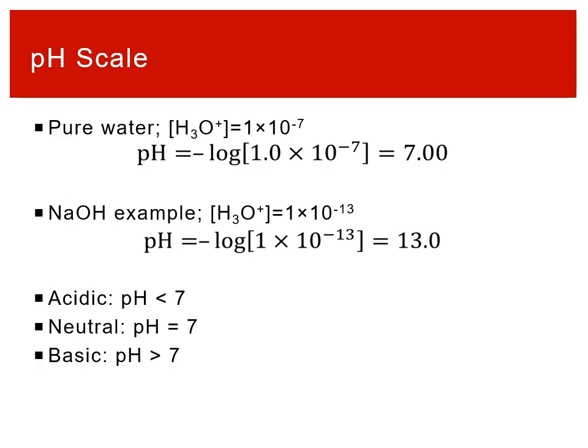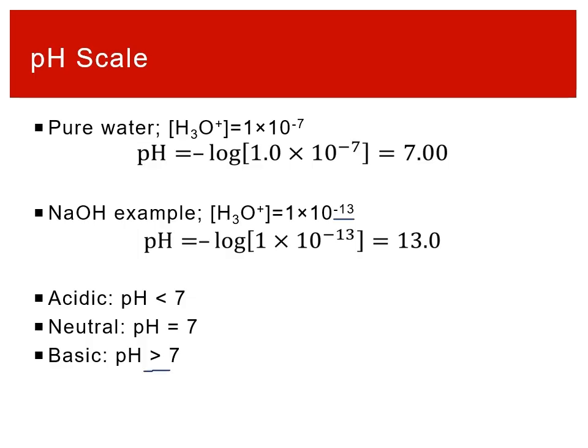Okay, so pHs greater than 7 correspond to basic. It comes from, again, we're kind of inverting. We know that when we're dealing with concentrations, a power that is more negative than 10 to the negative 7th is a basic solution. In the case of pH, that more negative becomes more positive.